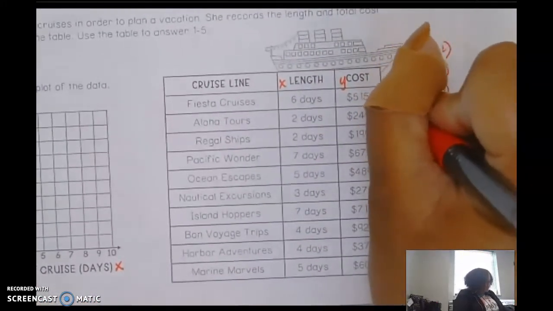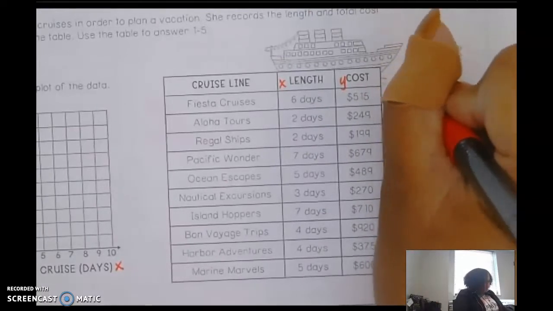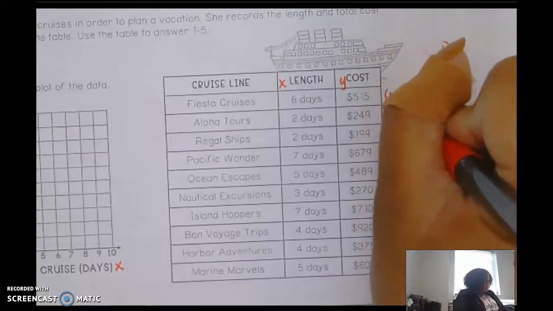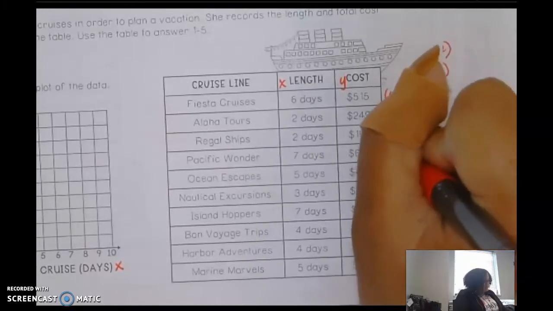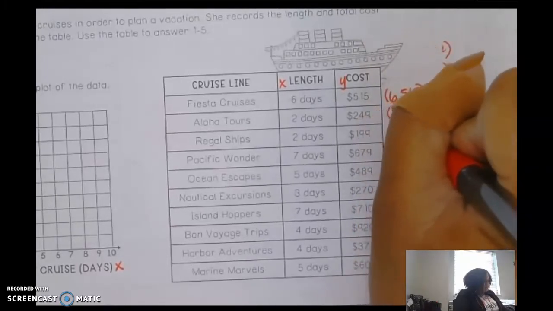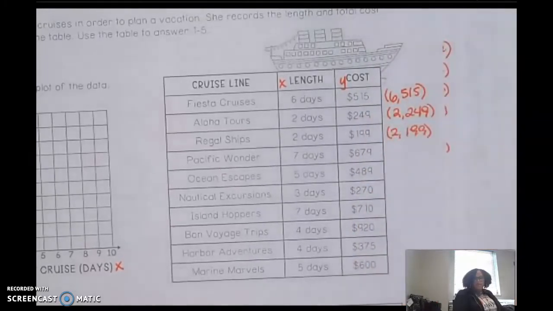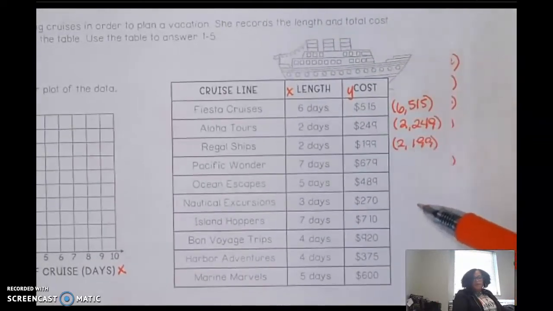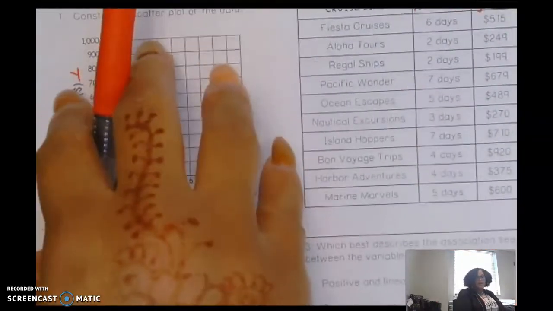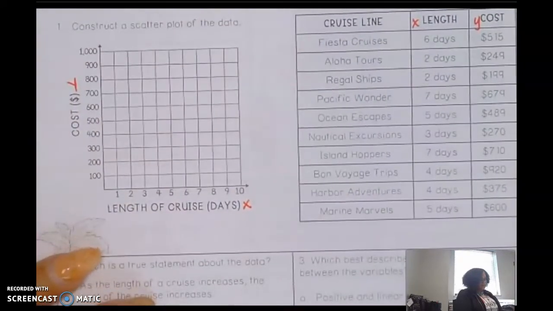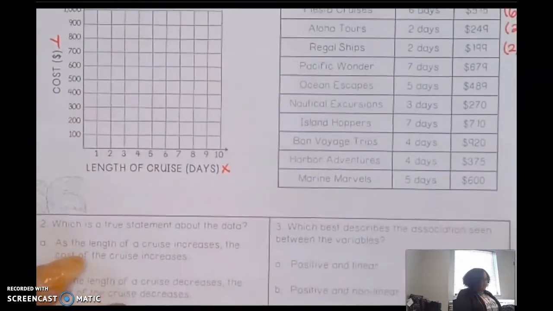This is 6, 515. This is 2, 249. This is 2, 199. So I'm going to make my coordinate points and then plot them. Then I'm going to read about it.